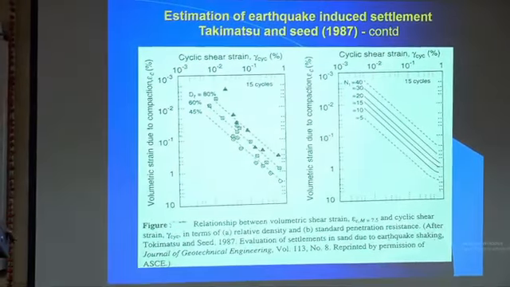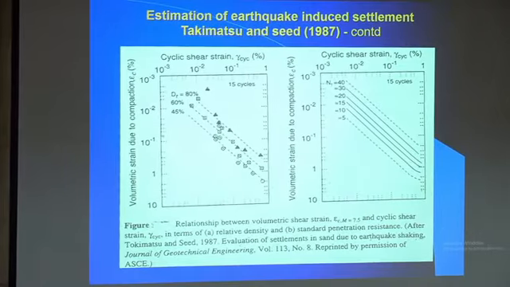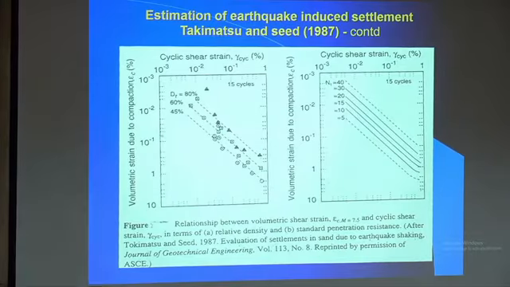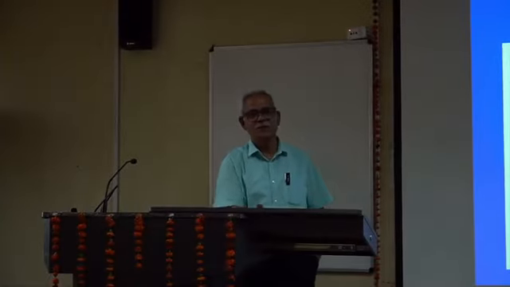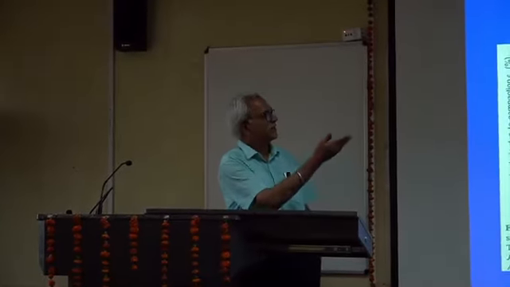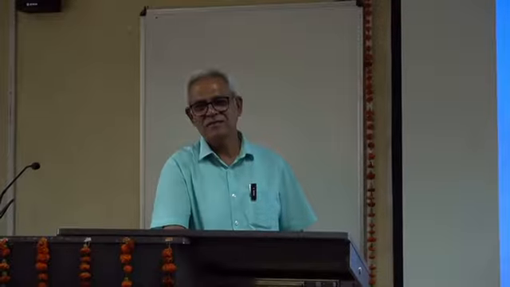If there are 10 cycles or 20 cycles, this graph is for 15 cycles. These curves are for 15 cycles. No other curves are available. Only Tokimatsu, Seed, and Idriss did this, around 1987, and that's the only source we have.